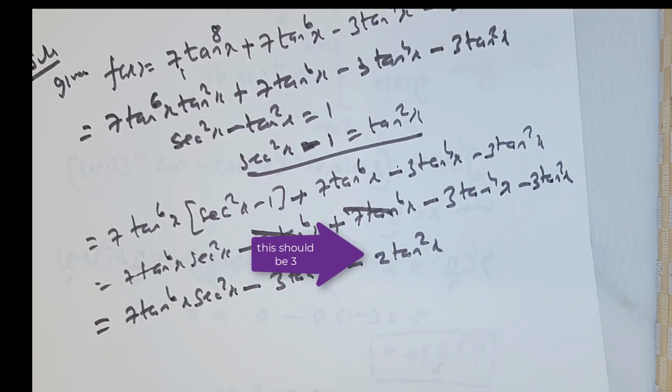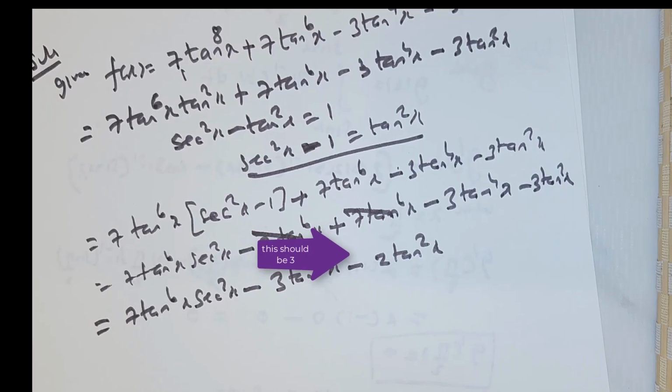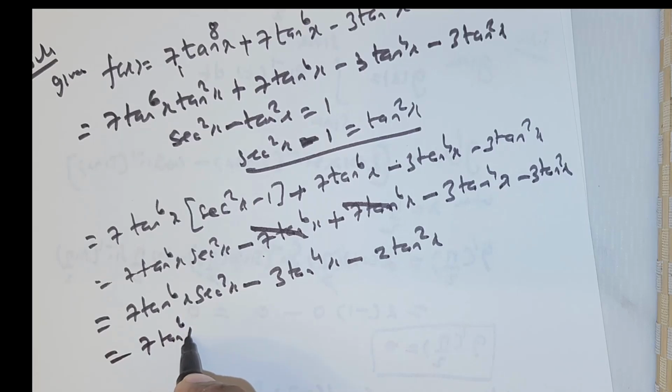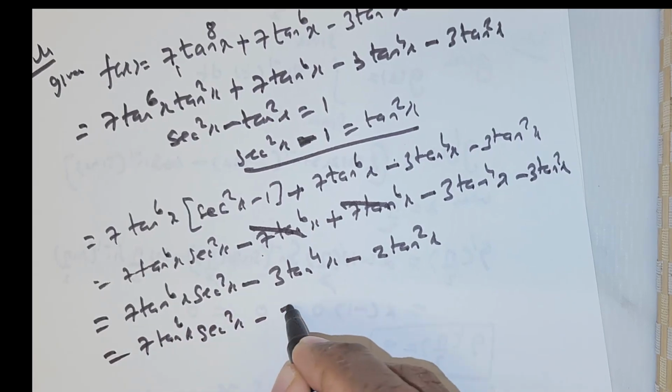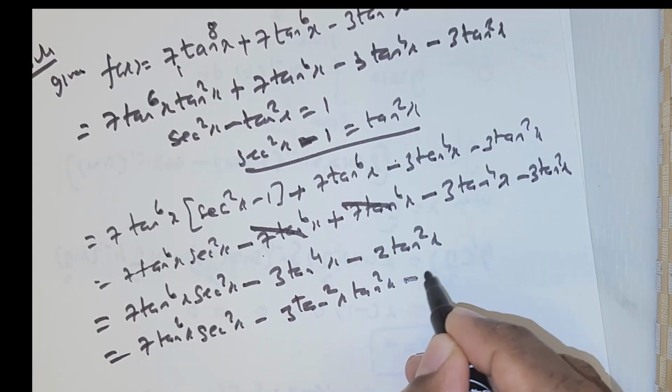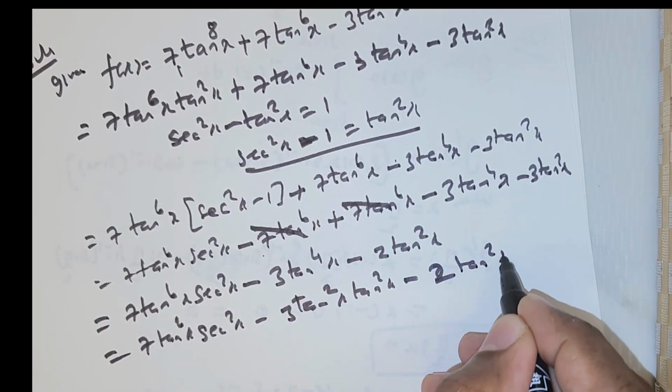Okay, now what I wish to do is attack this component. So 7 times tan raised to the power of 6x times secant squared x minus, I want to rewrite this as tan squared x times tan squared x minus 3 times tan squared x.